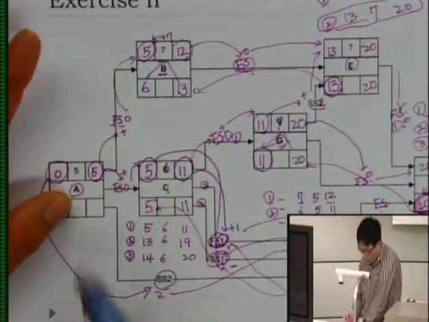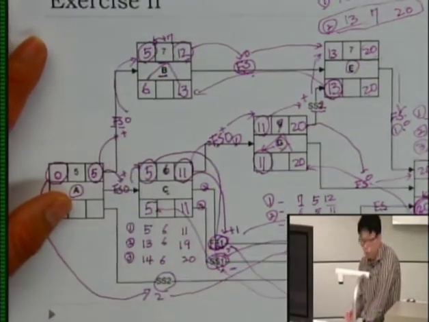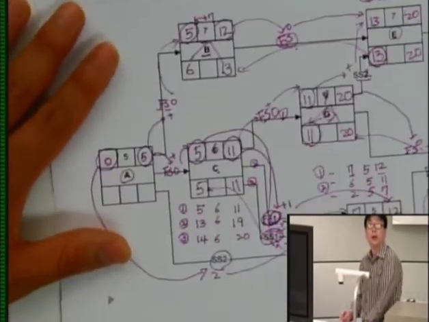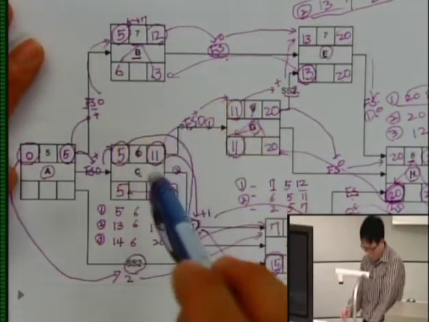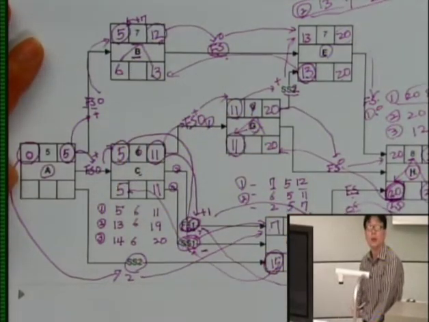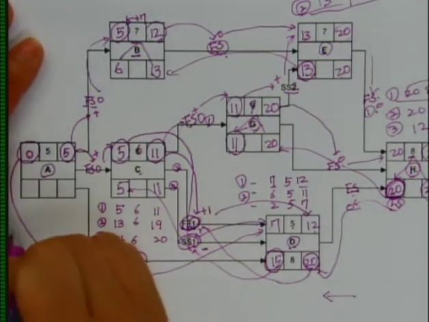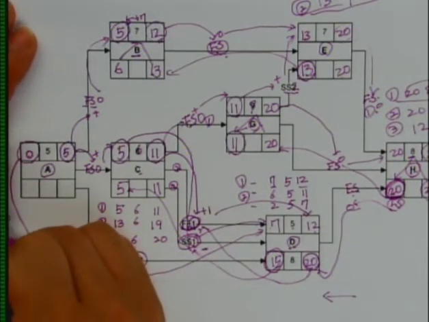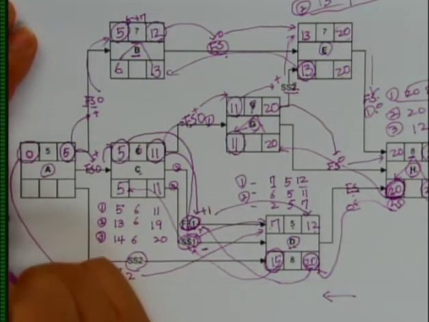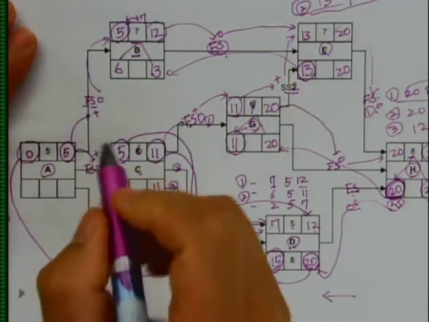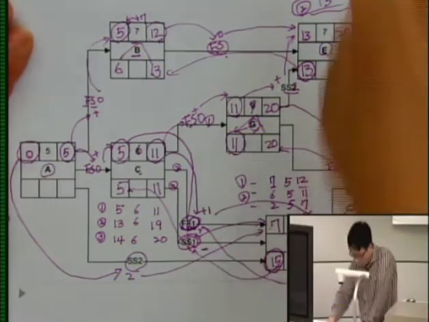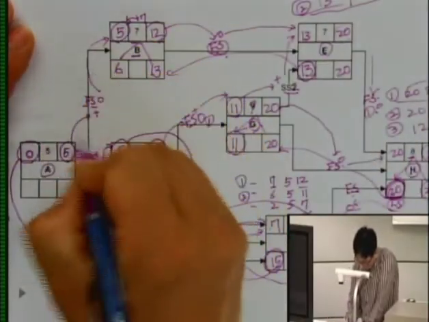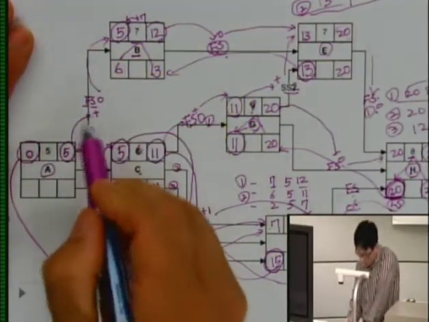So let's look at activity A. A has finish to start relationships with activity B, C, D. So that means there are three options. Option 1, 2, 3. The first option comes from activity B. That's option number 1. It's the finish to start.